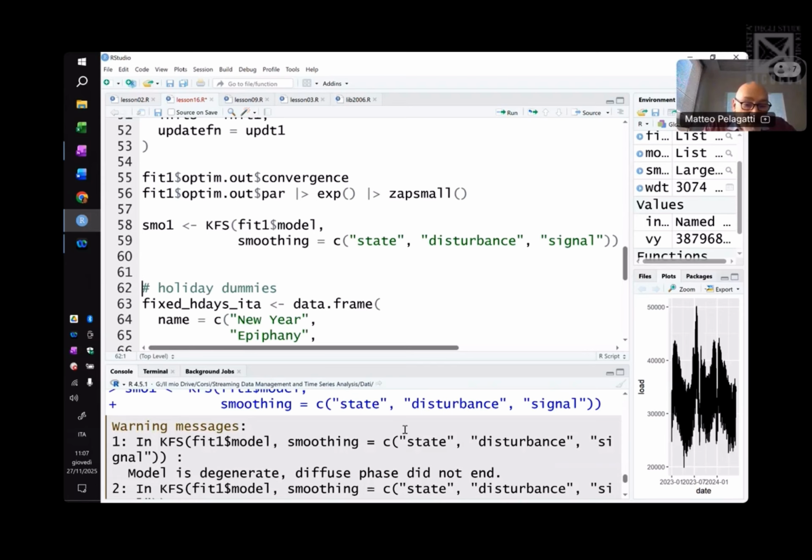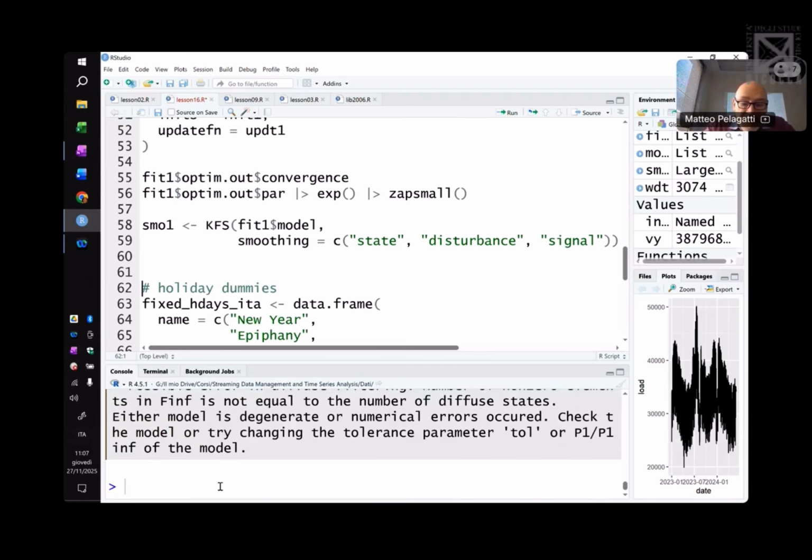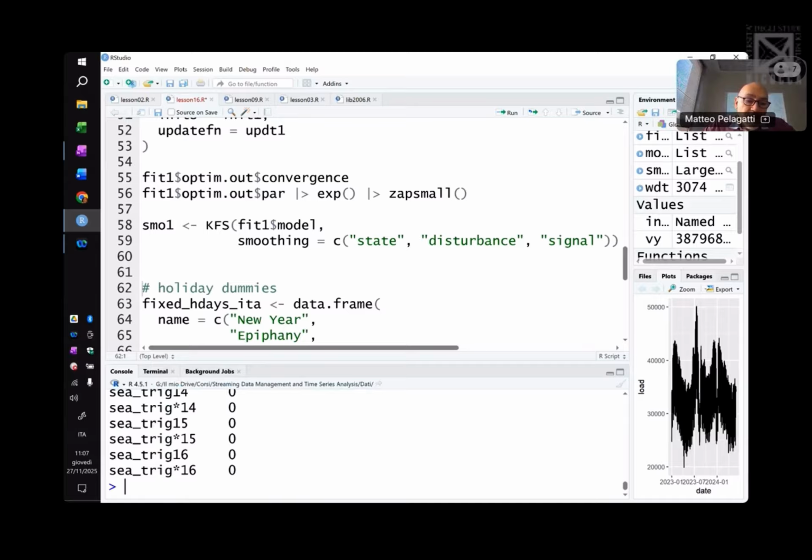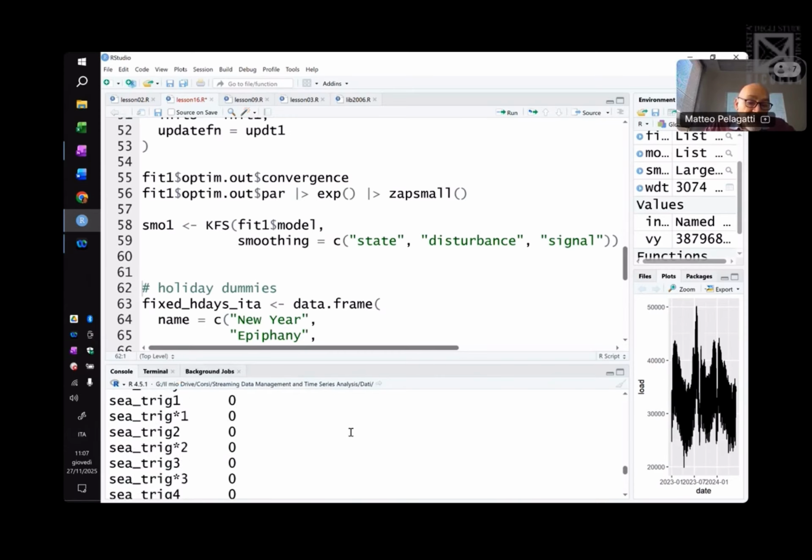If you go into the model, this is the dimension of the state vector. So it's pretty huge. And all of these components are non-stationary, and we're initializing them with an infinite variance. I didn't show you that because it's automatic.